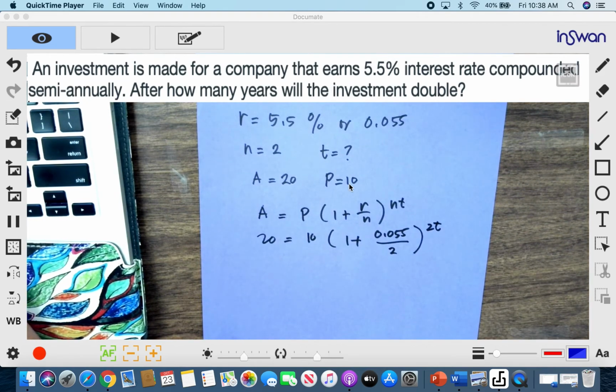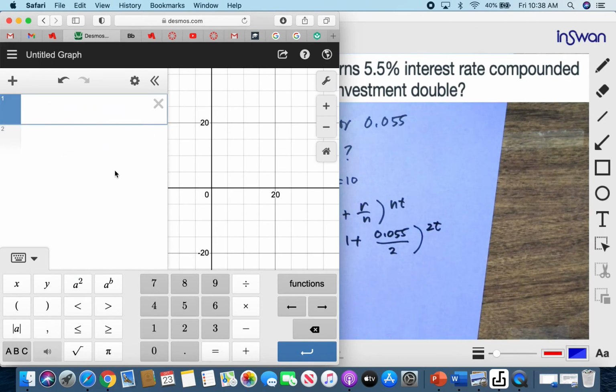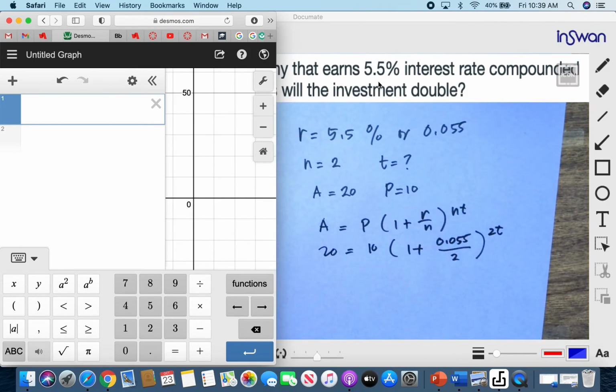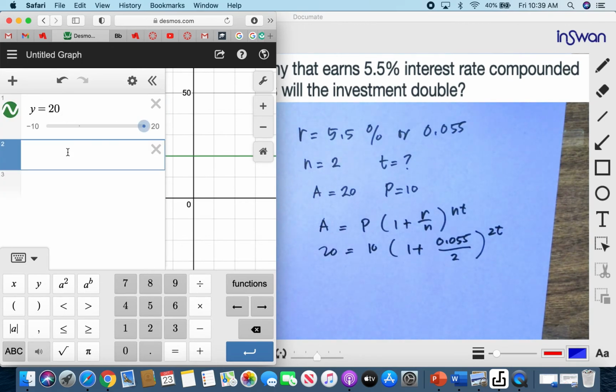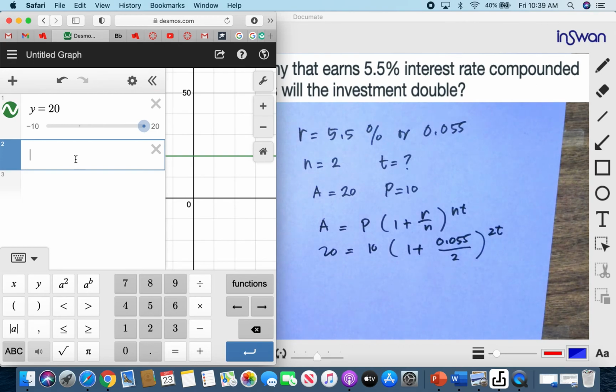Okay, now we just use the Desmos graphing calculator. Anyway, we already have proven that we can solve it algebraically, and we can also solve it using our calculator. Just make sure that you're equating always both sides of the equation to y equals 20. It is important because if I'm not going to make use of y equals, I won't be able to see any graph. So I need to make an equation in order to see a graph.